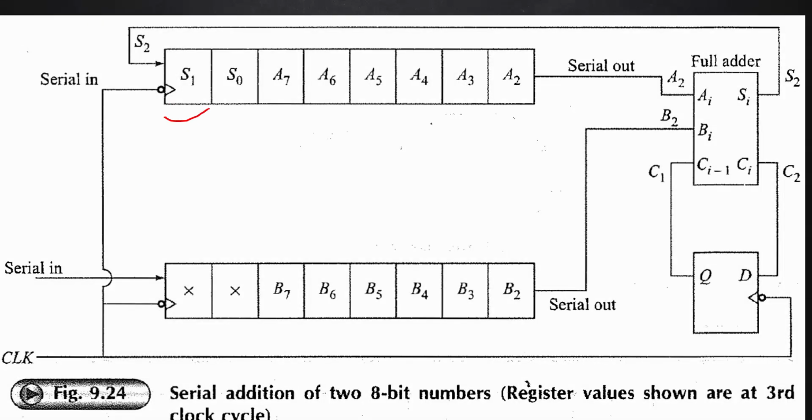Here we have two numbers, a first number and a second number, both 8-bit numbers. One can be represented using A, another using B, and the bits are given here. And here we need to use only a single full adder circuit and a D flip-flop.